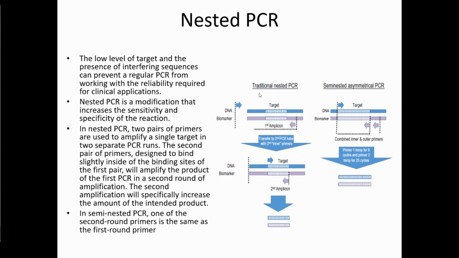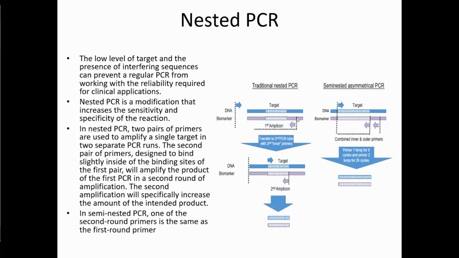So the traditional nested PCR has two sets of primers. One set is outside, and then the second set of primers will be inside the product from the first primers.